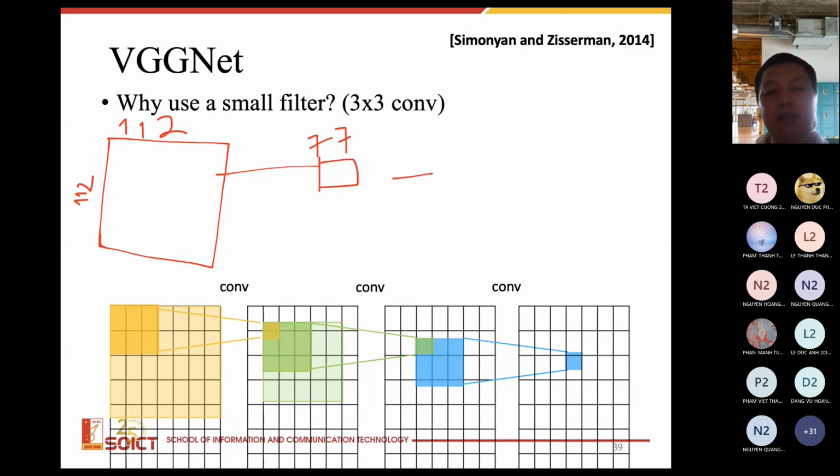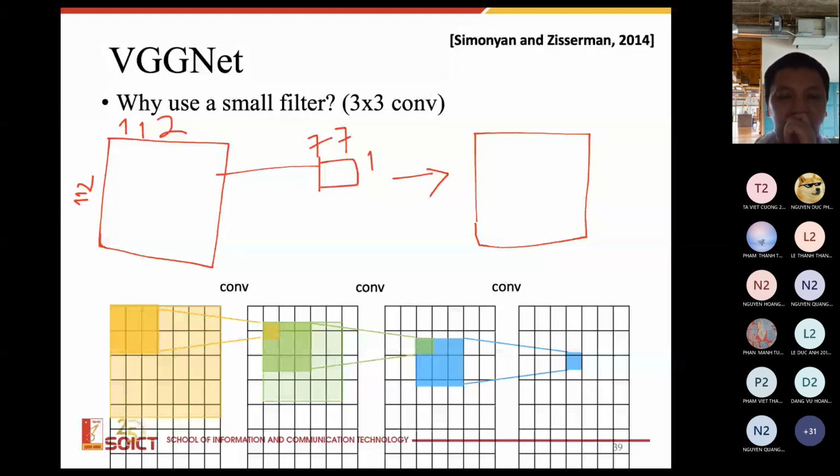If we have the stride equal to 1, what is the size of the output? It would be 106, right? 106. Is this correct?